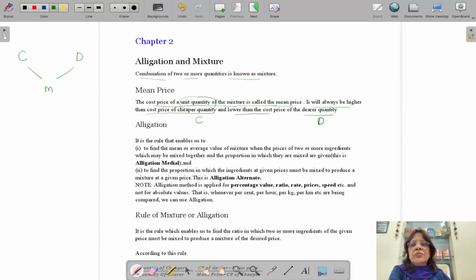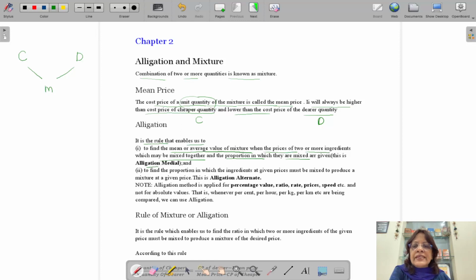Now, what is alligation? We have seen a mixture is a combination of two or more quantities. Alligation is a rule that enables us to find the mean or average value of a mixture when the prices of two or more ingredients which are mixed together and the proportion in which they are mixed are given.